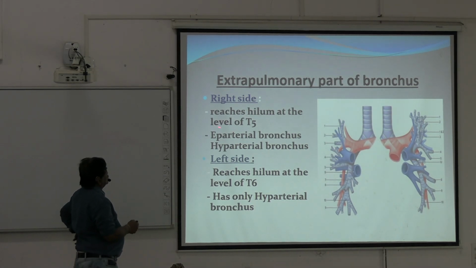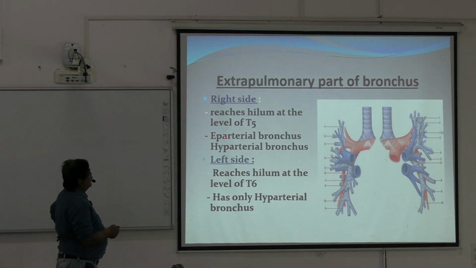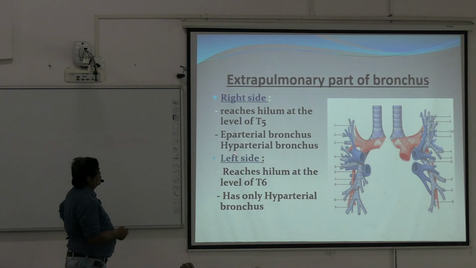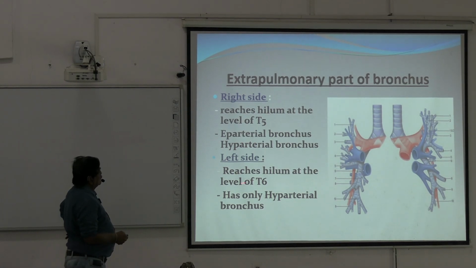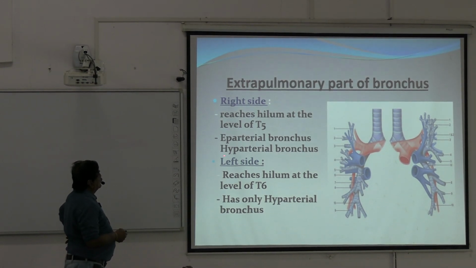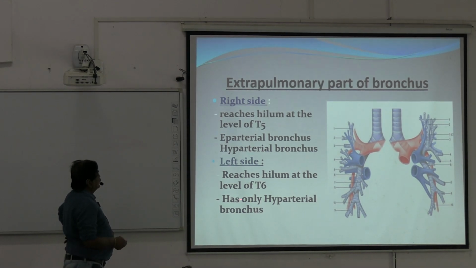This is important. The right side has an epiarterial bronchus and a hyparterial bronchus. The left side reaches the hilum at the level of T6 and has only a hyparterial bronchus.